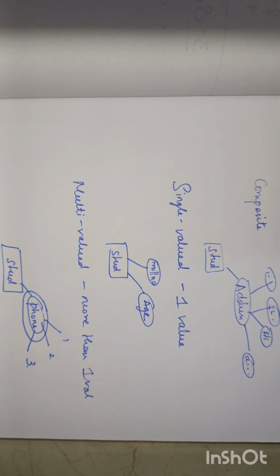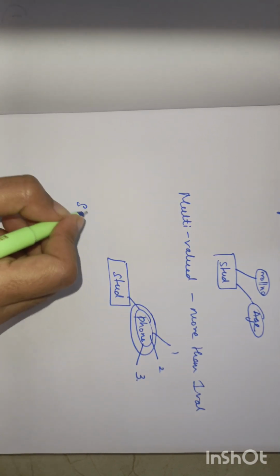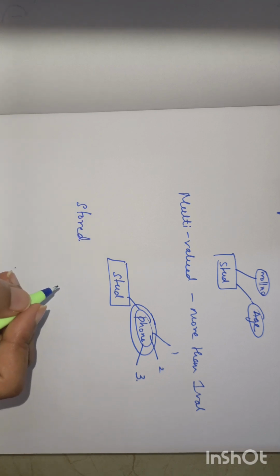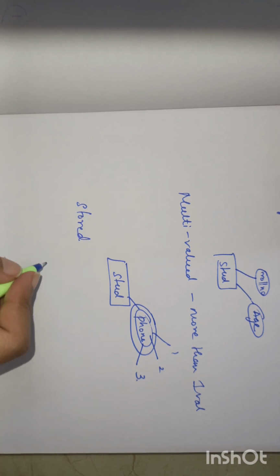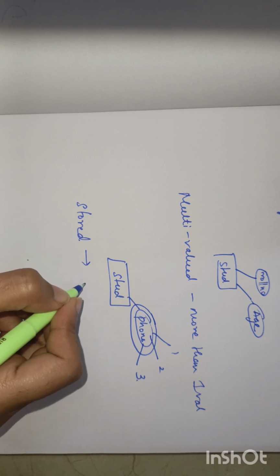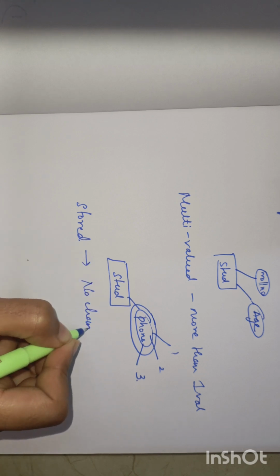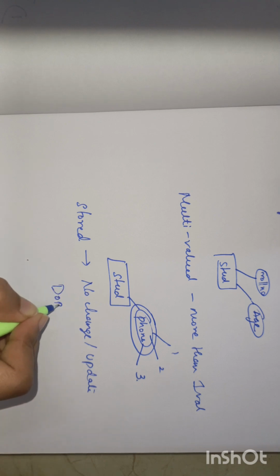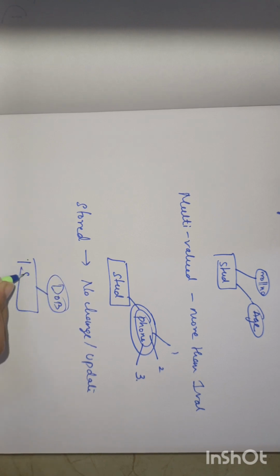Next, we have stored attribute. Stored attribute is the one that doesn't require any kind of updation. This doesn't require any change or update. For example, the date of birth of a student. This is going to remain constant and it does not change. That is a stored attribute.